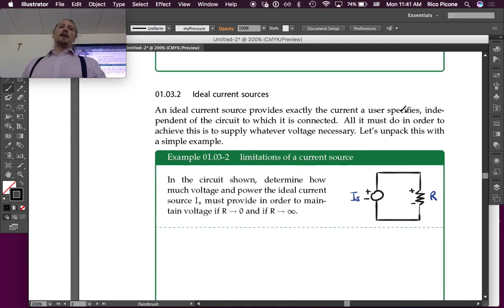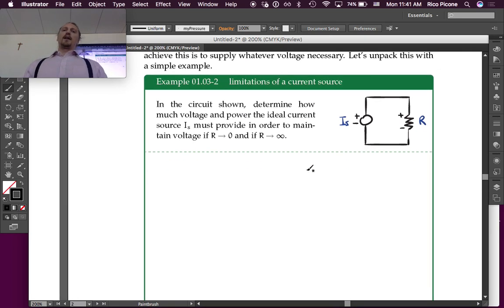So ideal current sources provide exactly the current a user specifies, independent of the circuit to which it's connected. All it must do in order to achieve this is to supply whatever voltage is necessary to make that current flow. And we assume that an ideal one would do so. So let's do the example. It's very similar.